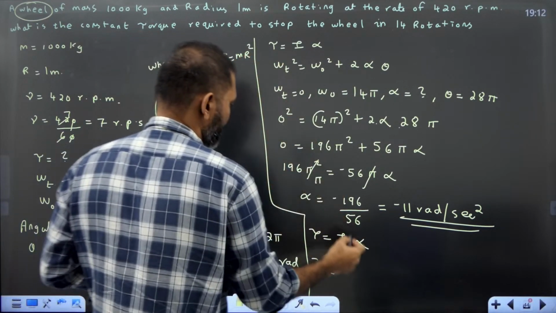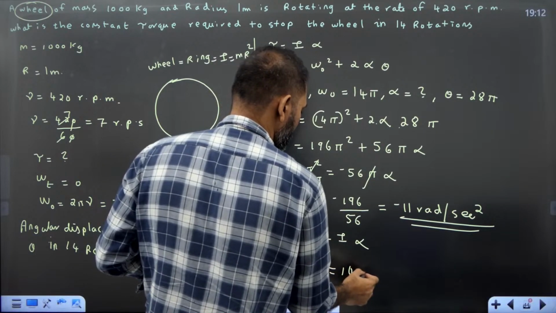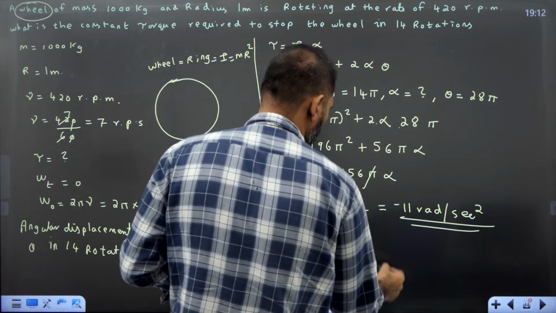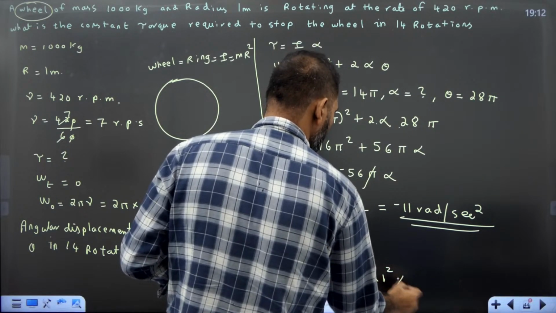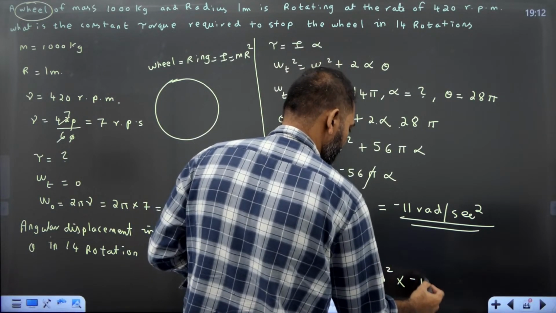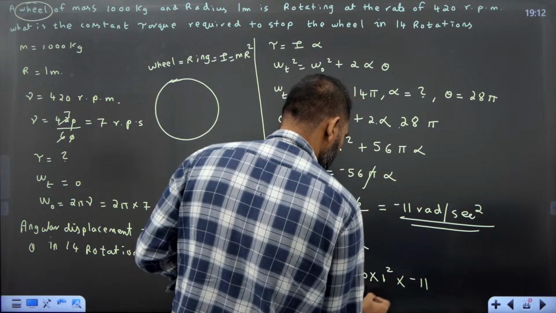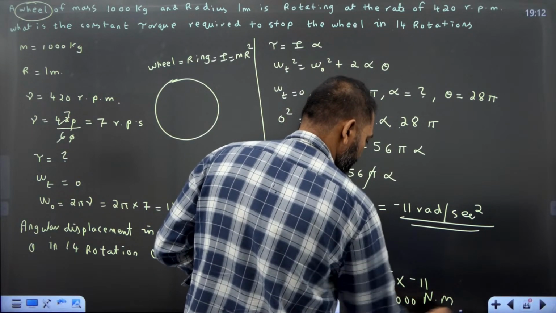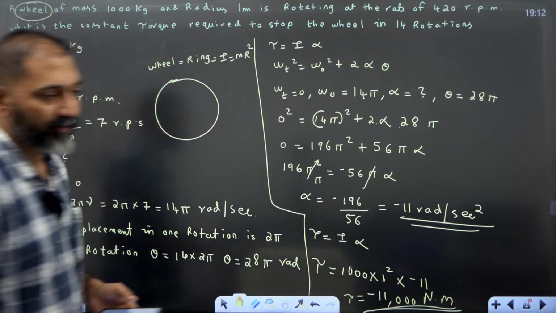The mass is 1000 into radius 1 square, into alpha, which is minus 11. So the answer is torque minus 11,000 Newton meter. It's a previous JE question.